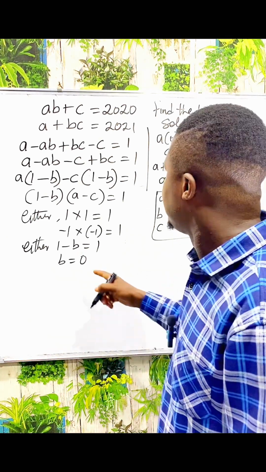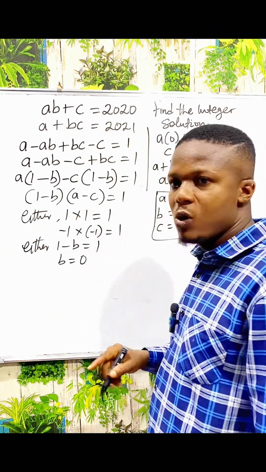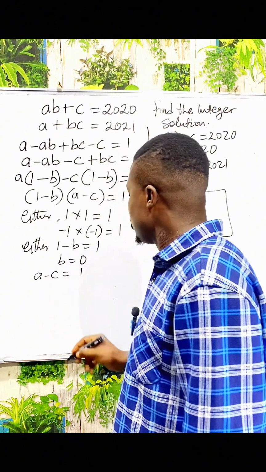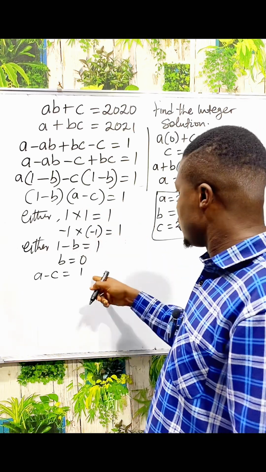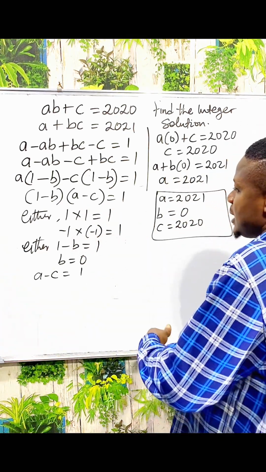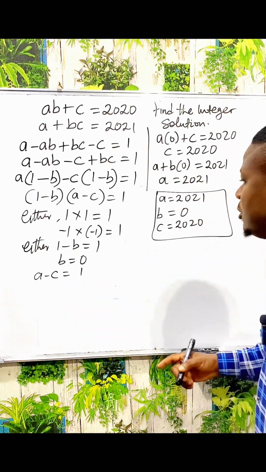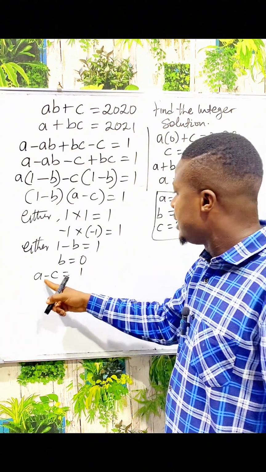Now, let's assume that the second factor, A minus C, is equal to 1 as well. So A minus C is equal to 1. Now, what is the value of A and C?